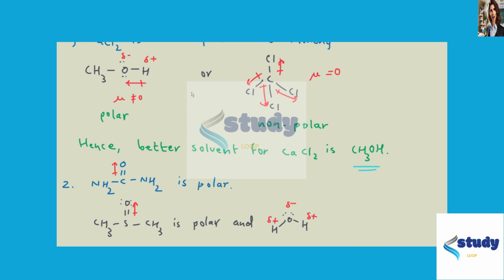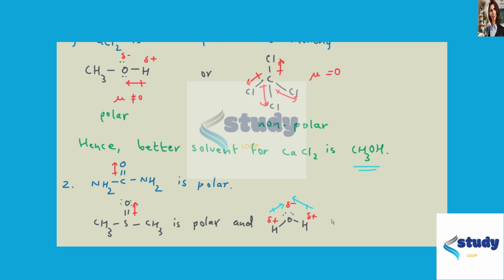Oxygen is more electronegative in nature, so it has the tendency to withdraw the bond pair of electrons from hydrogen. That's why we have a partial negative charge over oxygen, and hydrogen, since it is attached to the electronegative oxygen atom, has all its electron density withdrawn and has a partial positive charge. So this will be the direction of the dipole moment, from hydrogen to oxygen. So yes, this is also polar, right?